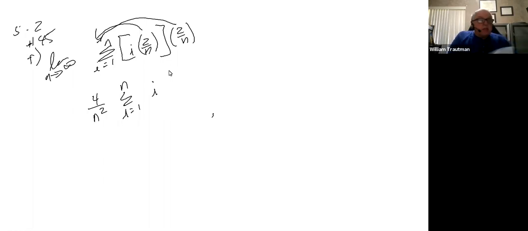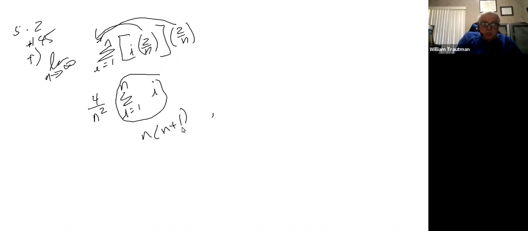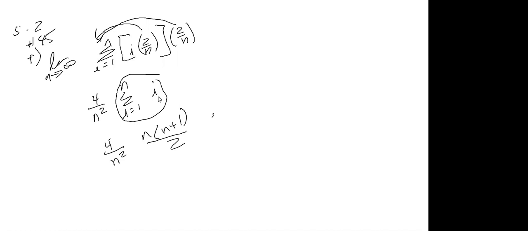Okay, so then we want to go to 5.2, and this changes to n times n plus 1 over 2. Theorem 5.2, correct? You understand that? I have it written down.